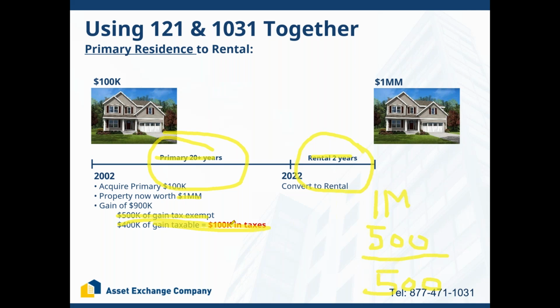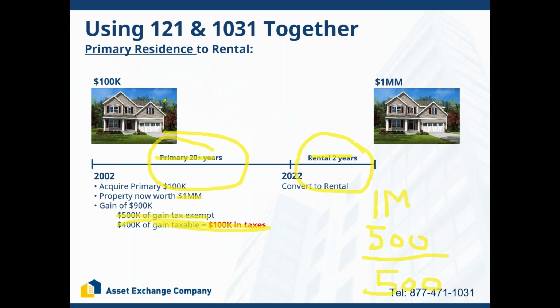That, ladies and gentlemen, is probably one of the best kept secrets in real estate. I had a client in Palo Alto who bought a property for $100,000. It was a primary residence for over 30 years, and it was worth $5 million.